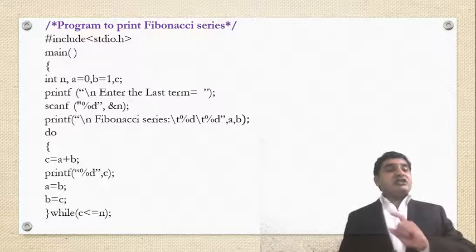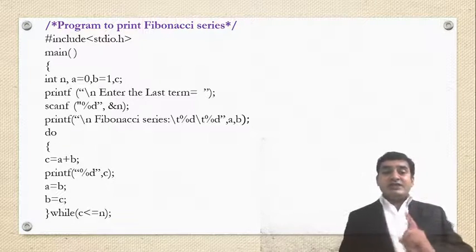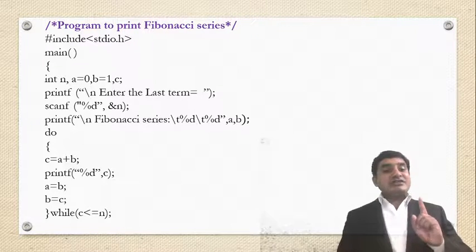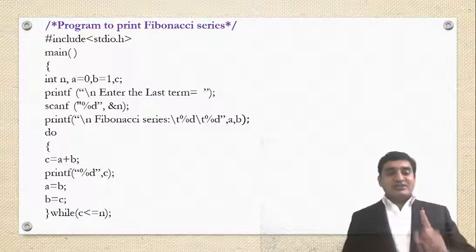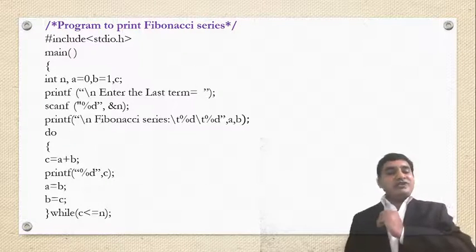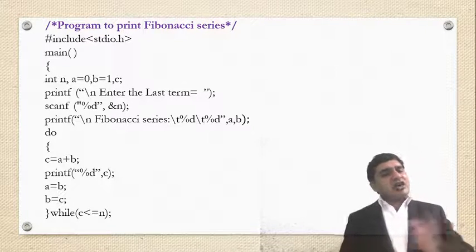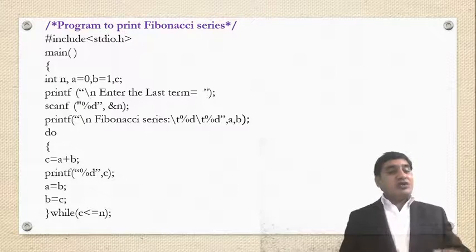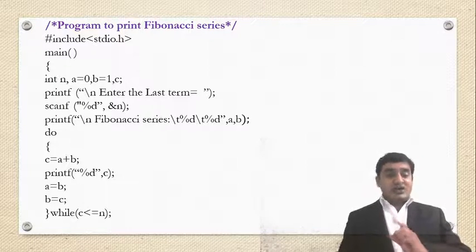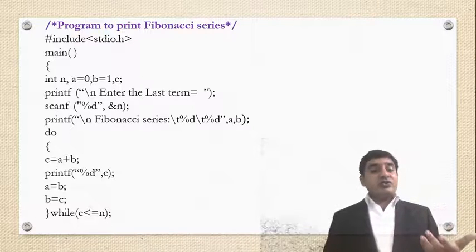Again c is equal to a plus b, but now a is equal to b and b is equal to c. Now print the fourth term of the Fibonacci series. Now again a is equal to b, b is equal to c, and check the condition c is less than or equal to n.